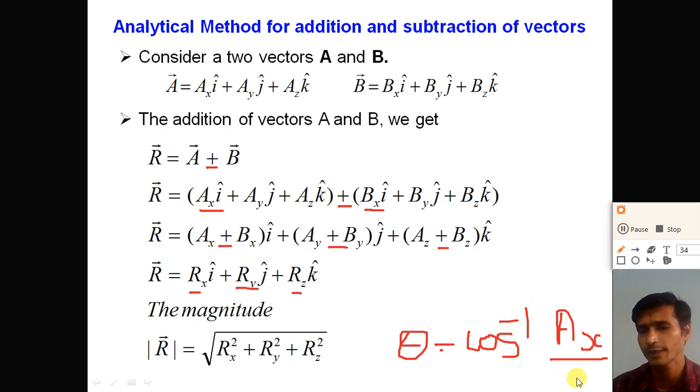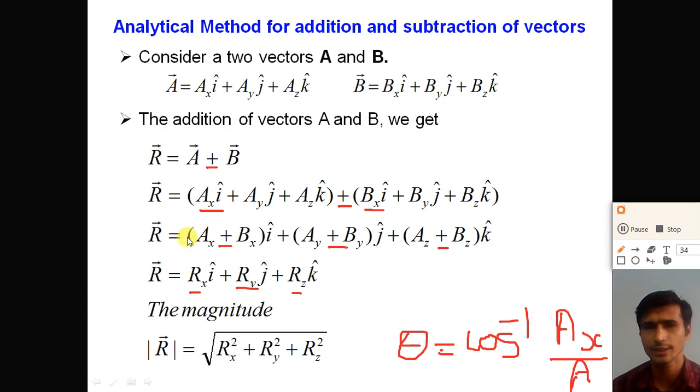If you want to find the angle with the y-axis, we take the y component divided by the magnitude, and if you want to find the angle with the z-axis, the z component divided by the magnitude. So this way we can find the magnitude of the resultant vector and the direction theta, or the angle with the x-axis, angle with the y-axis and the angle with the z-axis we can easily determine.